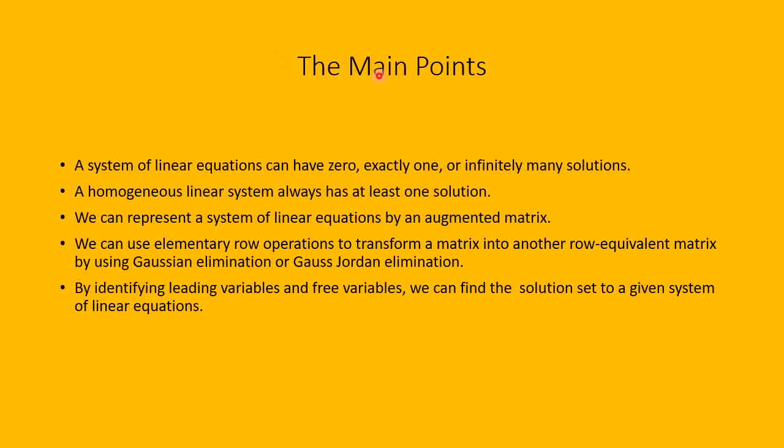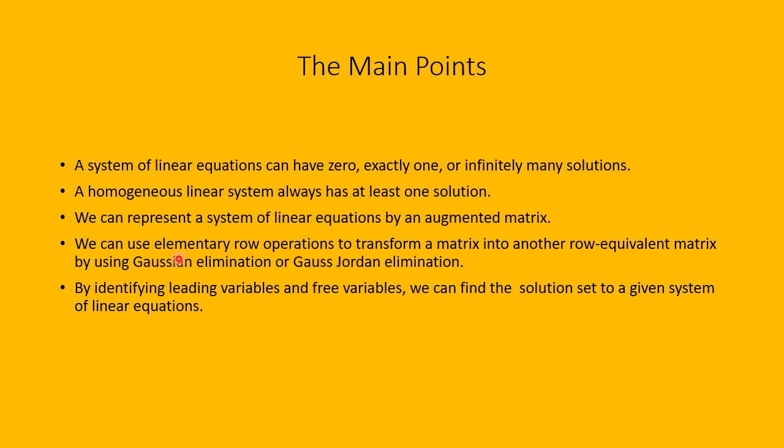So here are the main points of this lesson. A system of linear equations can have 0, exactly 1, or infinitely many solutions. A homogeneous system, however, always has at least one solution. We can represent a system of linear equations by an augmented matrix. We can use elementary row operations to transform a matrix into another row equivalent matrix by using either Gaussian elimination or Gauss-Jordan elimination.